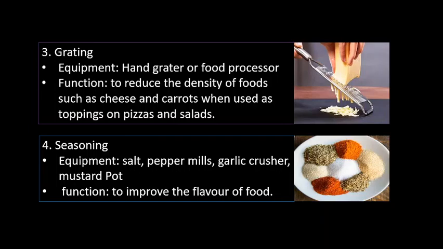For us, a hand grater is enough as we do it on a smaller scale. You might all know this. We grate cheese to put on top of pizzas, right? We grate carrots to use in salads. So it's basically making the food item small, which is easy for us to consume.